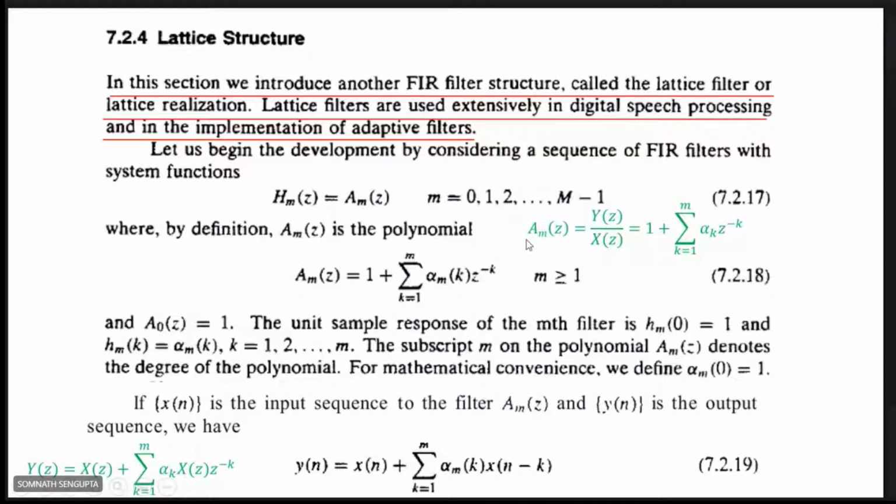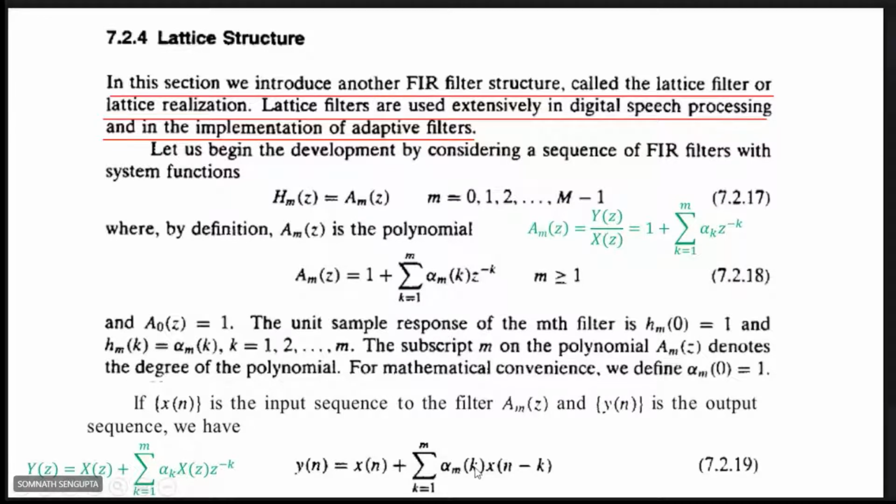If you take X(z) on the right hand side, you will see I have written the expression at the bottom left corner, that is Y(z) is equal to X(z) plus, where X(z) goes inside the series, X(z) into z to the power minus k. Now if you take the inverse z transform of this expression, then it will become y(n) is equal to x(n) plus summation k equal to 1 to m alpha m k.